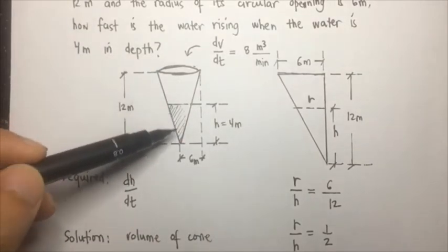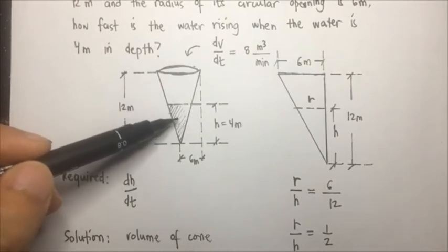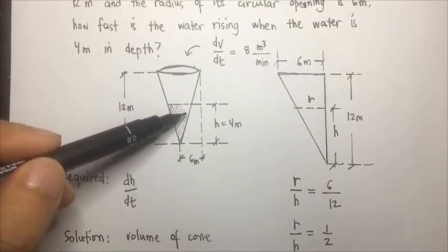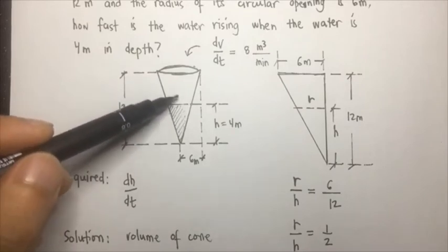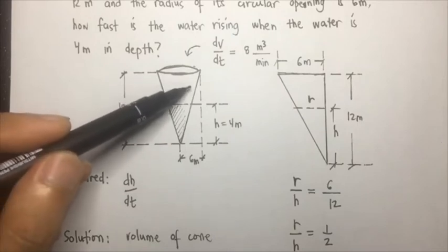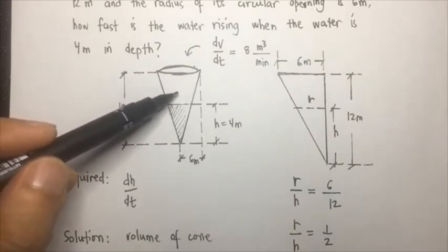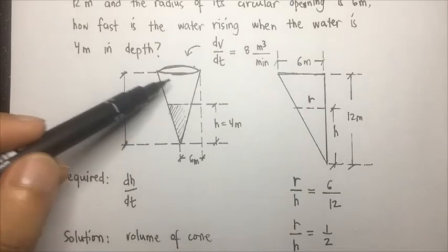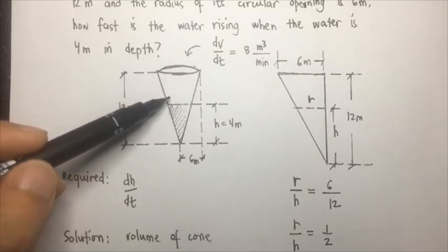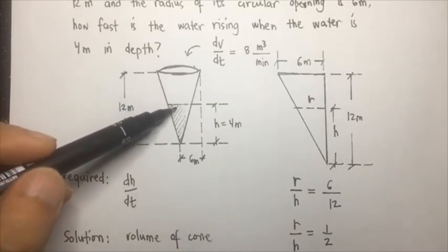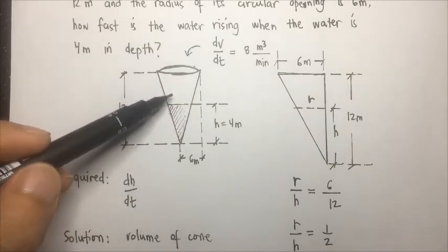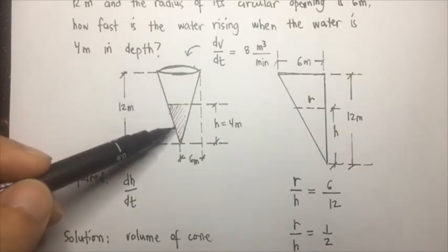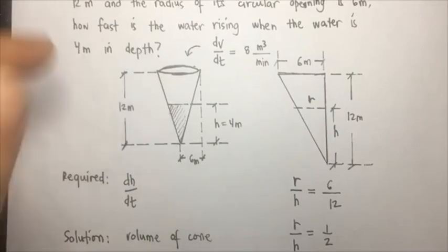You can see that at first the rate of change of the height is rapidly increasing. Okay, but if you reach almost the top, the rate of change of the height of the water inside will start to slow down.